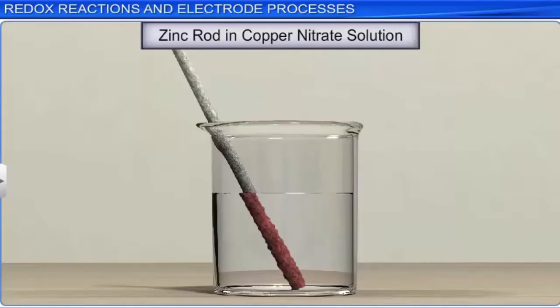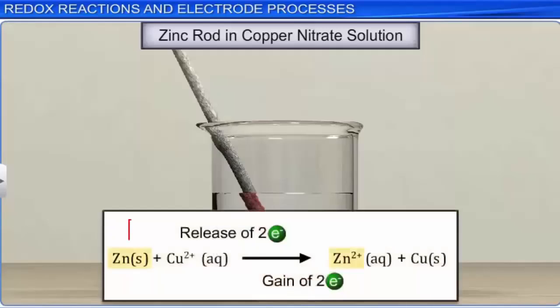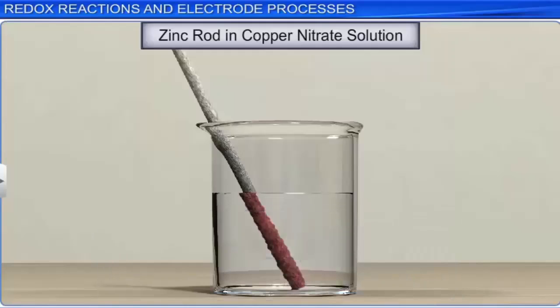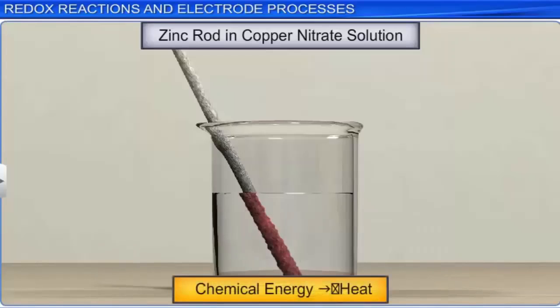In this reaction, zinc is oxidized to zinc ions and copper 2+ ions are reduced to form copper. This reaction took place in an open vessel, and the chemical energy from the reaction was released as heat.